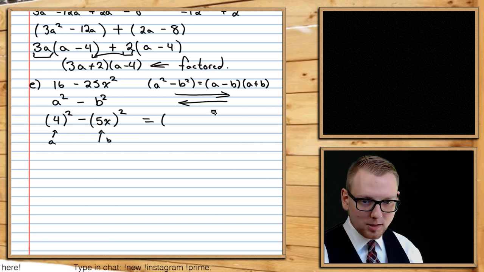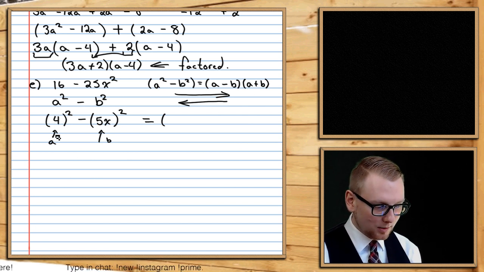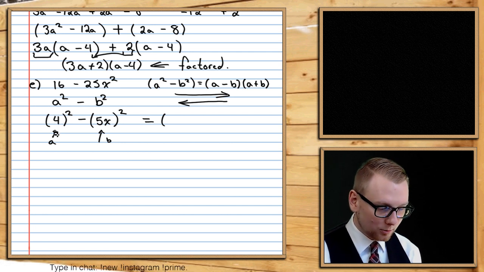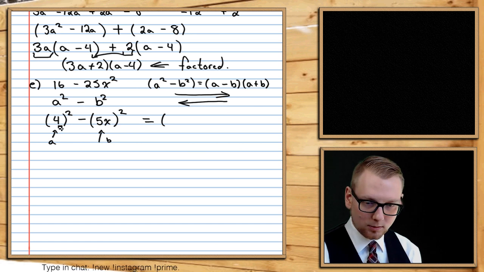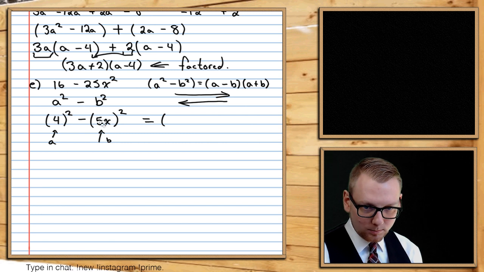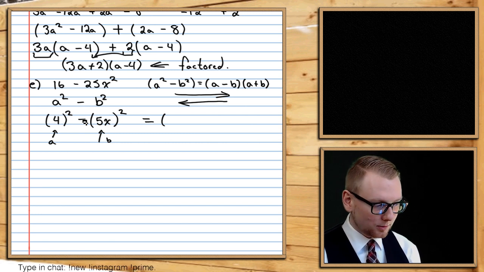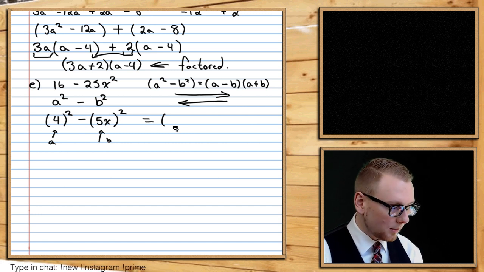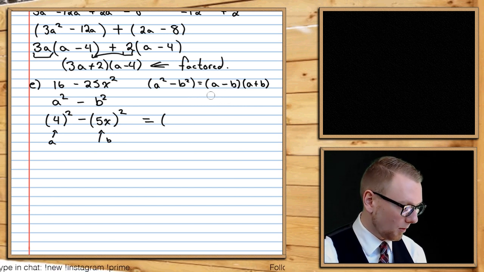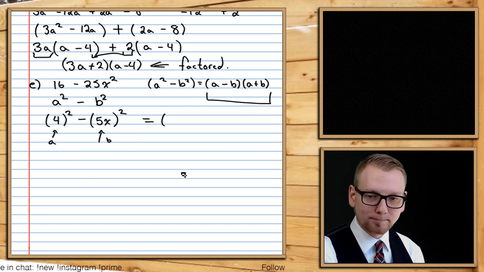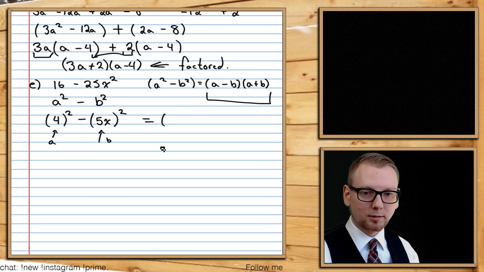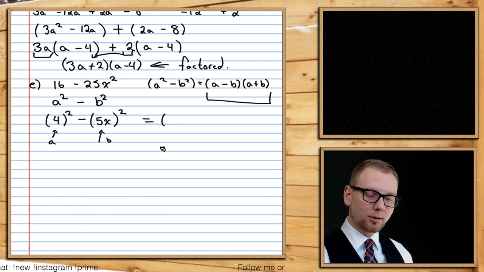We haven't finished it yet. All I did was say that we rewrote it in this form. So this is still the 16 because 4 squared is 16. And this is still 25x squared because 5x squared is 25x squared. We need to write it in this form that's factored, because we are factoring. That's what the question's asking us to do. Factor it.